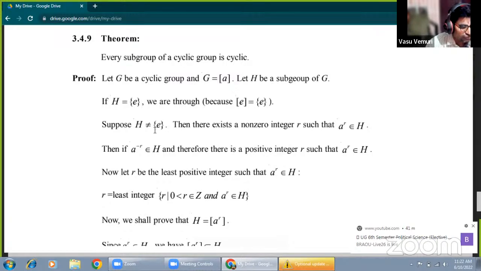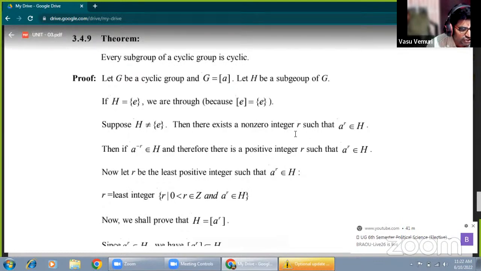Suppose H is not equal to the group generated by e. Then there exists at least one non-zero integer.